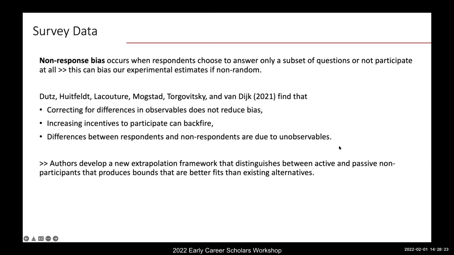And the differences between respondents and non-respondents, what they find in their specific data in this paper, but which is most likely able to be externalized to other contexts, is that the differences between those are due to non-observables, and this is why correcting for differences in observables doesn't really help us.